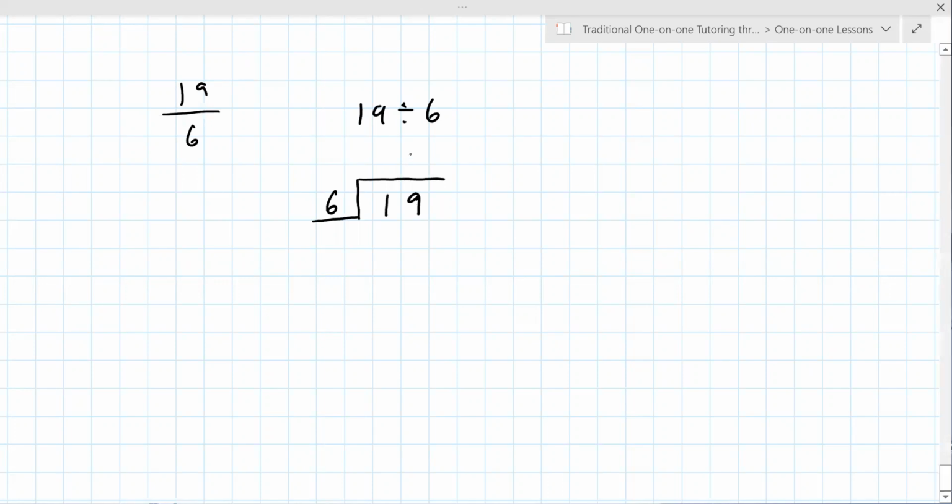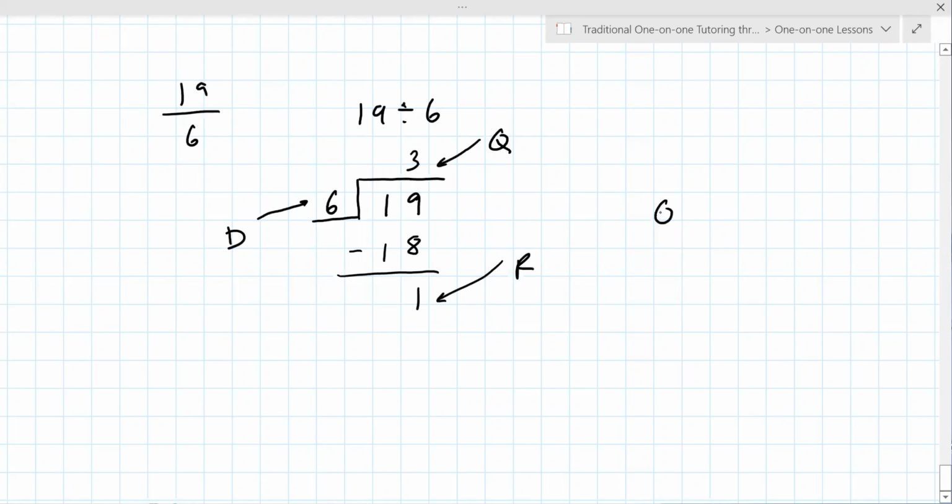Three times. 3 times 6 is 18. You subtract and get 1. So this number down here on the bottom is the remainder. This number up here on the top is the quotient. The divisor is 6.